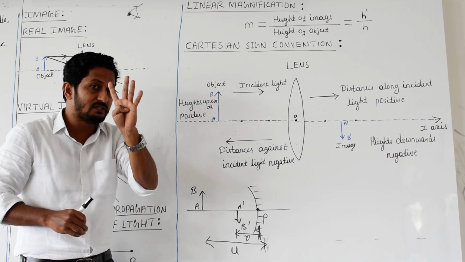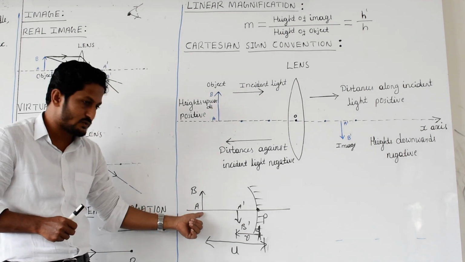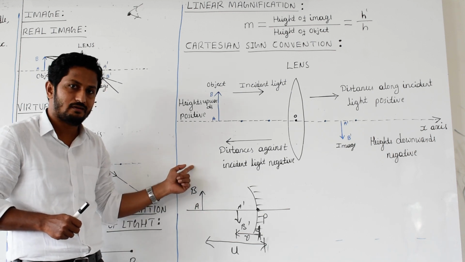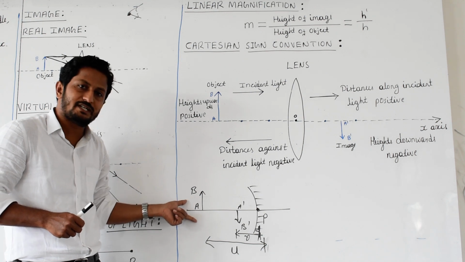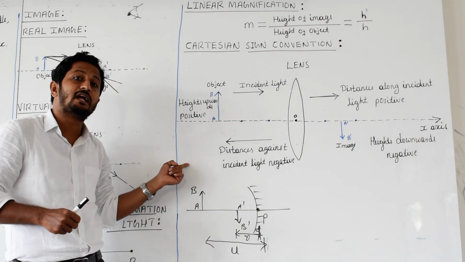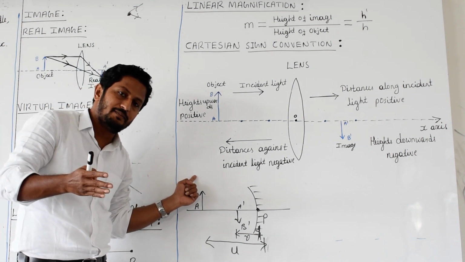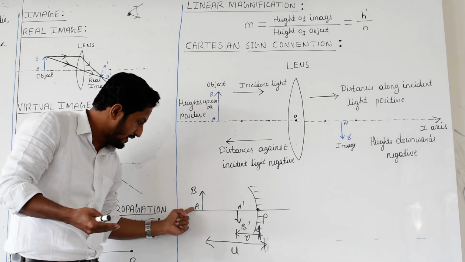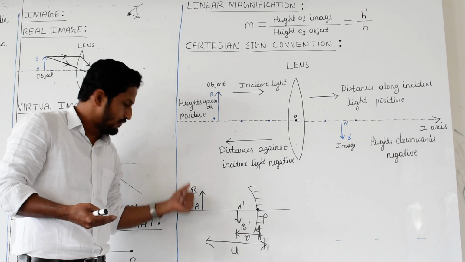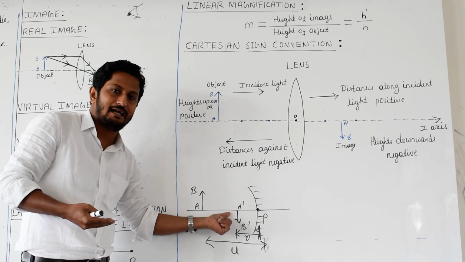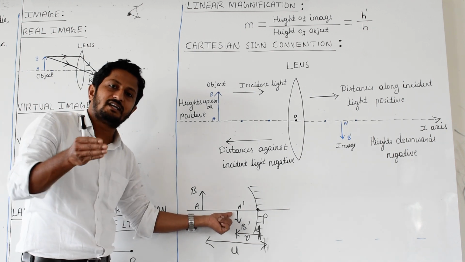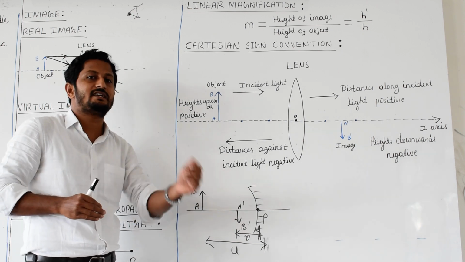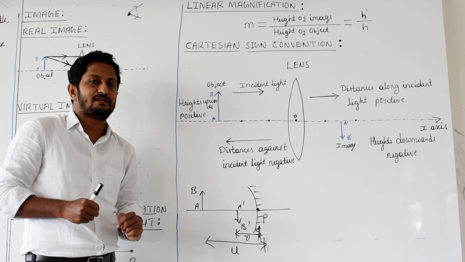That's the fourth sign convention. Here also, this object is held vertically upward, and the height of this object is measured vertically upward. Like this type, the height which you measure in the vertical upward direction with respect to the principal axis is taken as positive. That's the fourth sign convention.